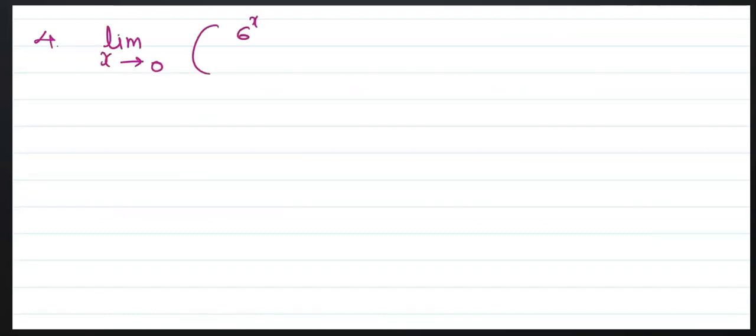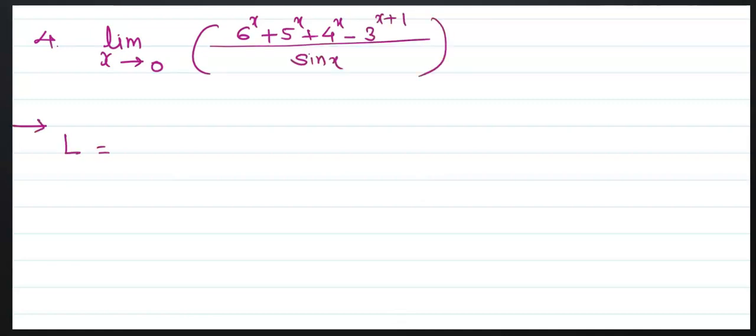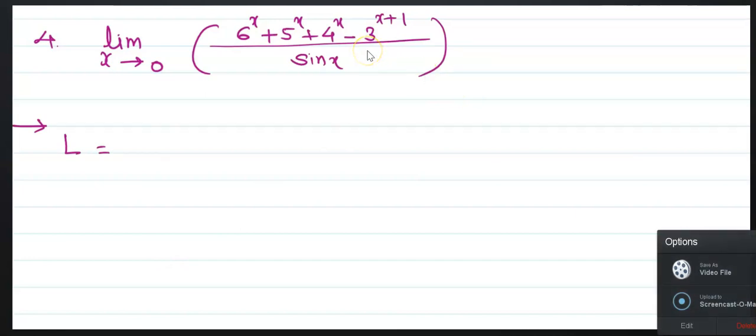Example number 4. Limit x tends to 0, (6^x + 5^x + 4^x − 3^(x+1))/sin x. Again by observation, this sin x requires x in the denominator.